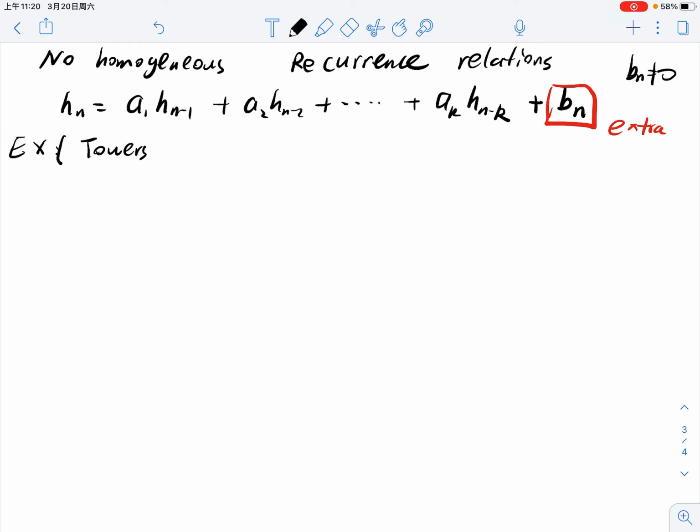Why do we care about this? To illustrate this, we introduce the following very interesting puzzle, which is called the Towers of Hanoi puzzle.